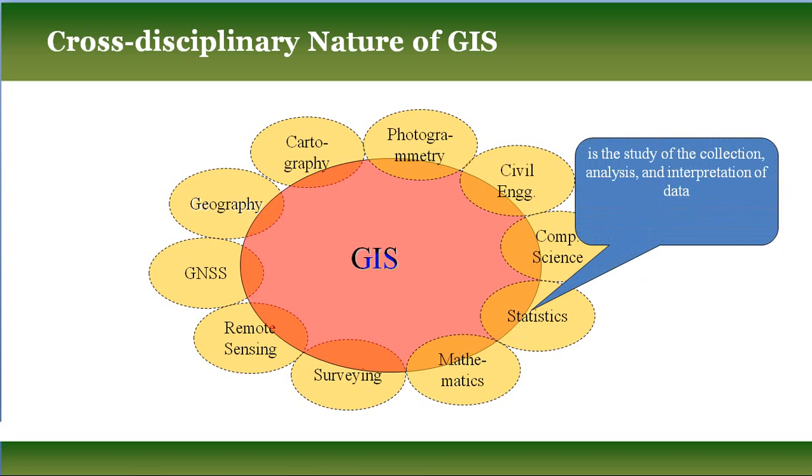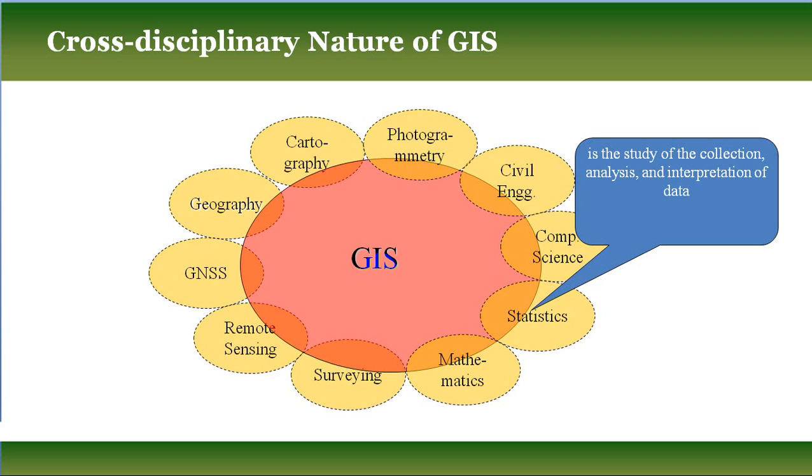Next one is statistics. Statistical analysis basically helps you to extract additional information from your existing GIS data. Some information might not be obvious simply by looking at a map, and is not readily visible in your GIS data.